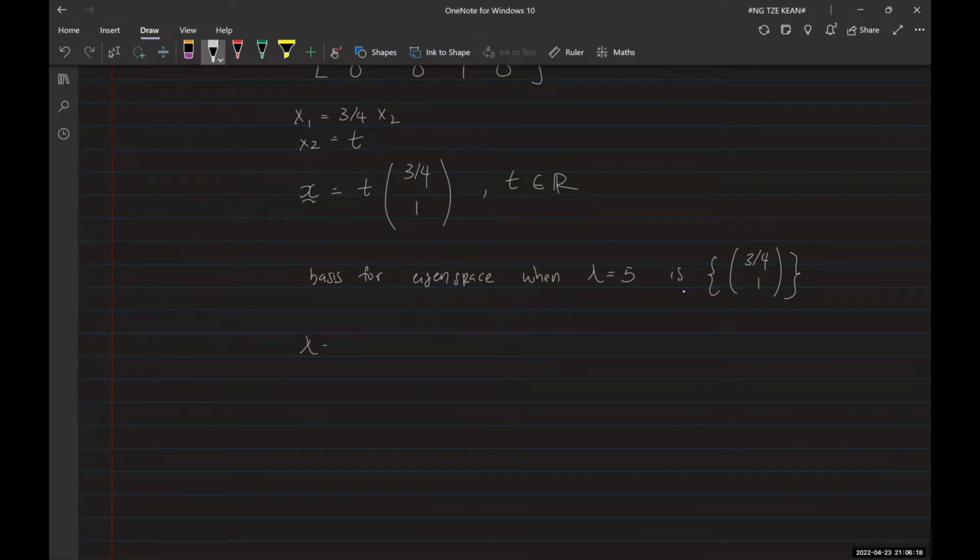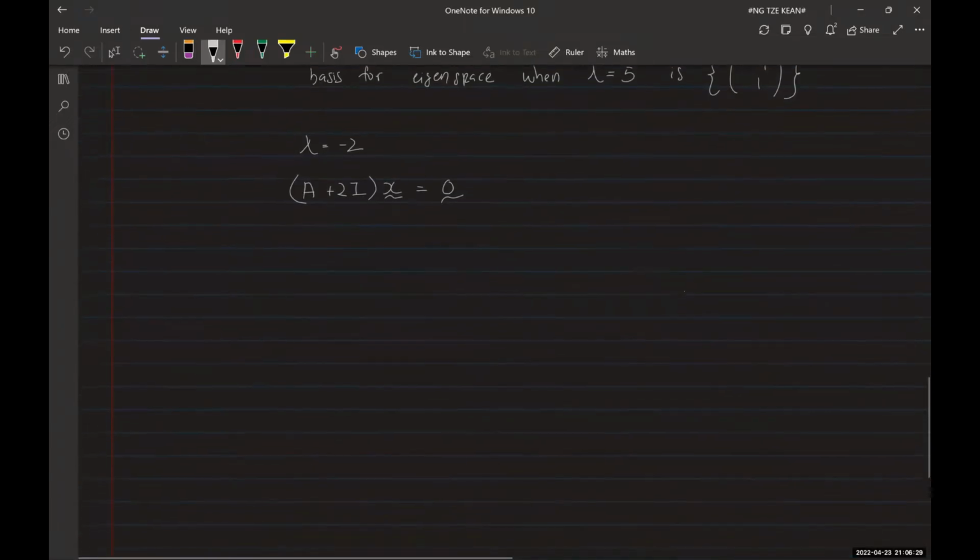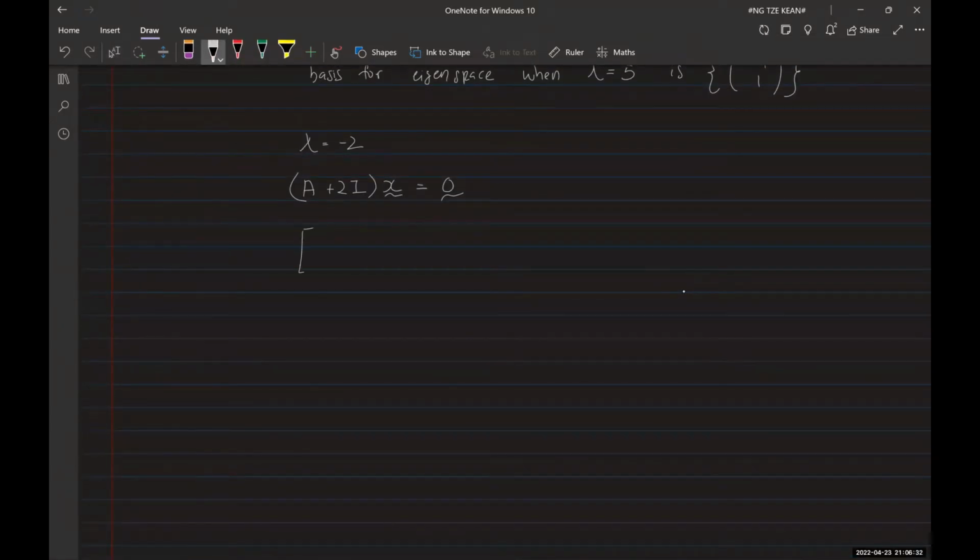Now what about lambda equal to minus 2? We will apply the same algorithm to solve the problem. So it's A plus 2I, so we get the augmented matrix and we solve. We can see that the first row and the second row are multiples of each other.